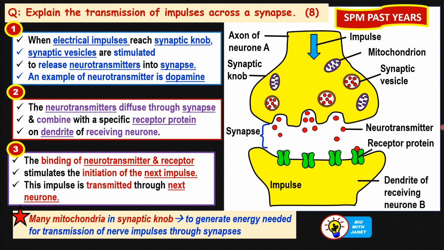Then the neurotransmitters diffuse through the synapse and combine with specific receptor proteins on the dendrite of the receiving neuron. The binding of the neurotransmitter and the receptor stimulates the initiation of the next impulse. And this impulse is transmitted through the next neuron.